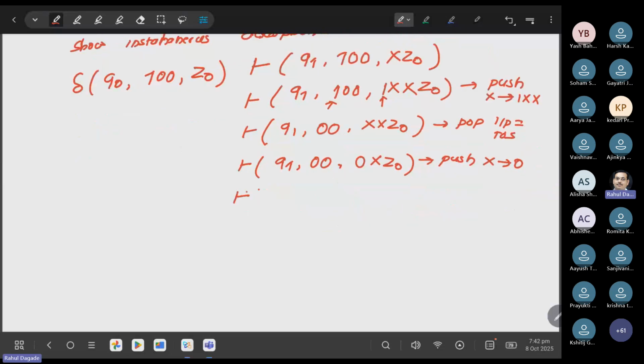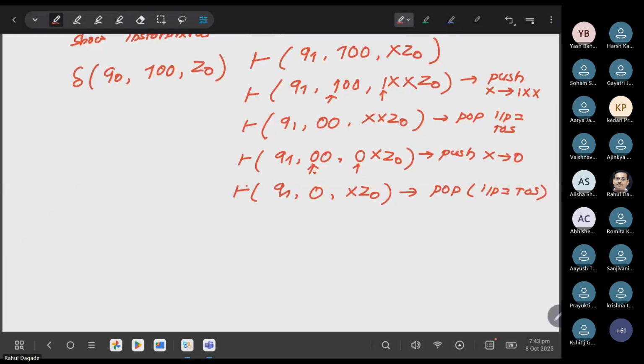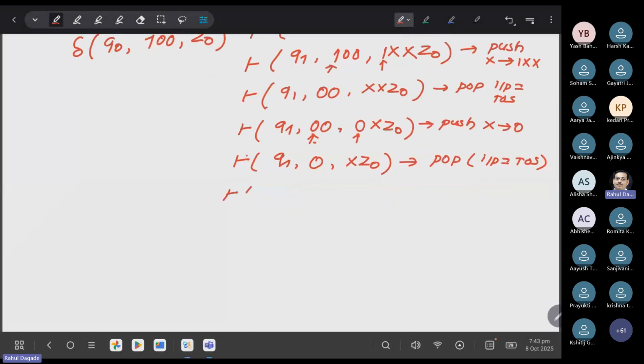So that it is giving Q1. So now 0 is matching with this 0. Therefore consume it. So Q1 0. Remaining input is 0 and stack is XZ0. So here it is a pop operation because input is same as top of stack. Now 0 is not matching with X, so add its production. So Q1 0, X gives 0, Z0.